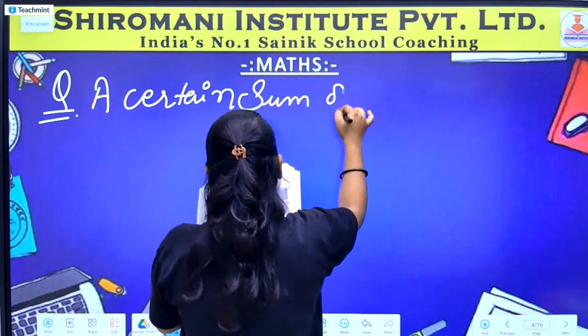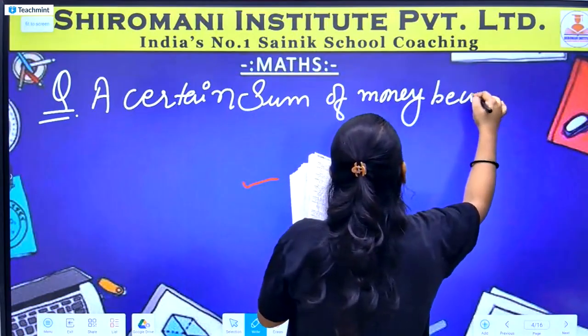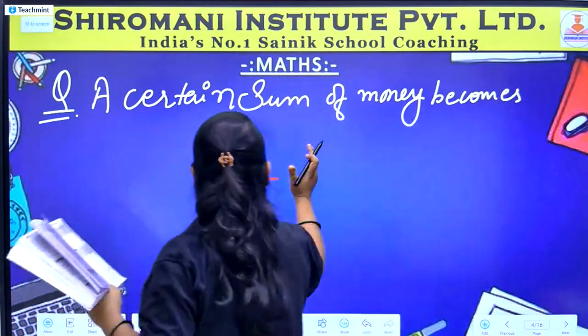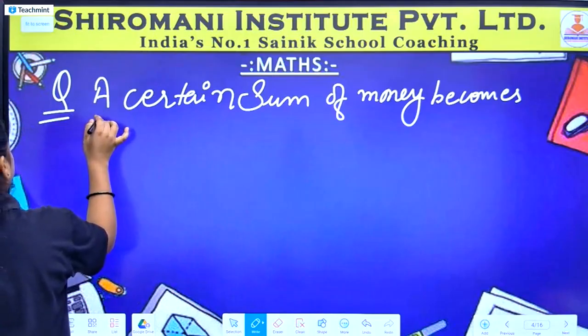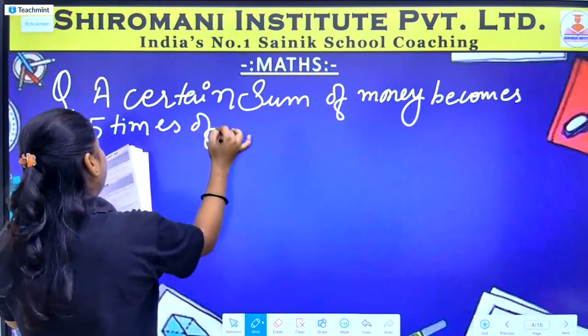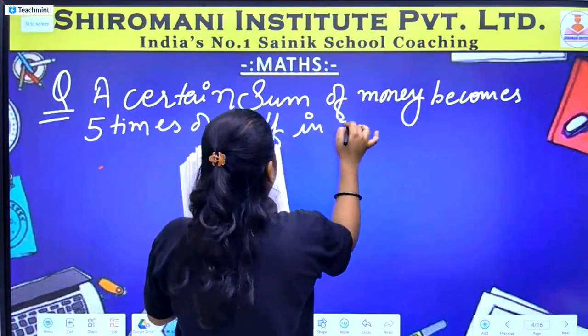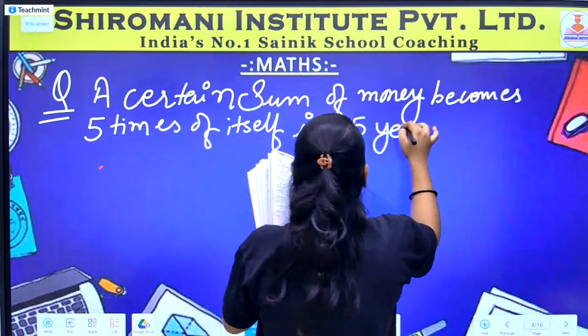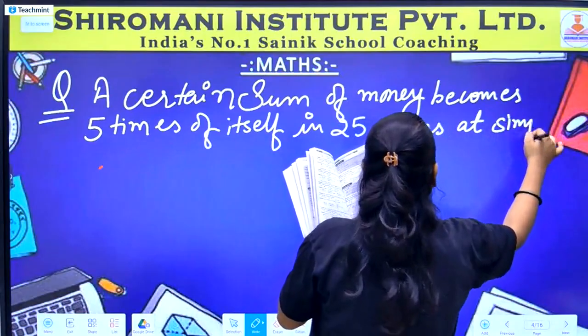A certain sum of money becomes five times of itself in 25 years at simple interest. Okay.